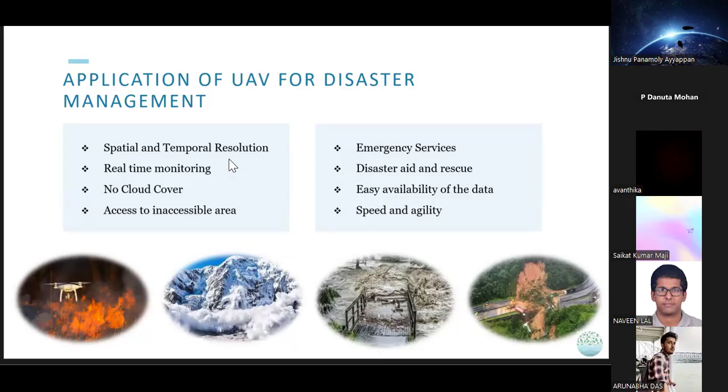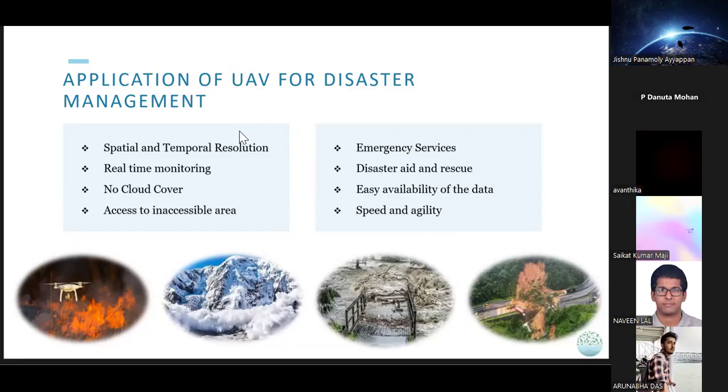Whenever we do research, we always need high spatial resolution data, depending on the type of study. For satellites, including Indian satellites and others across the globe, the minimum spatial resolution that is freely available is 5.4. If you want satellite data of less than 1 meter or maybe 30 centimeters, you will never be able to access it unless you pay for it. And even if you pay, you have to wait a few days until you receive the data.